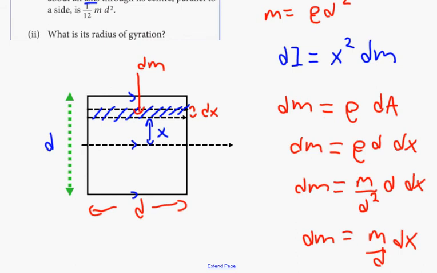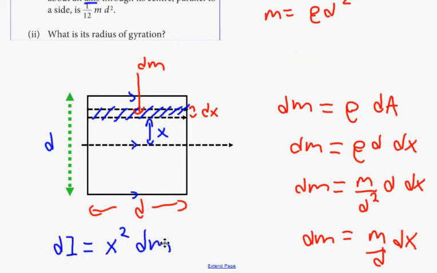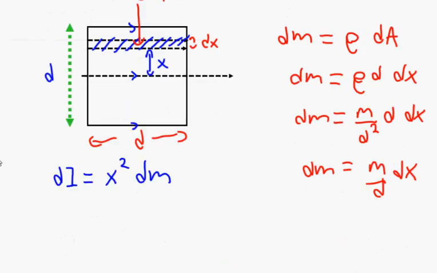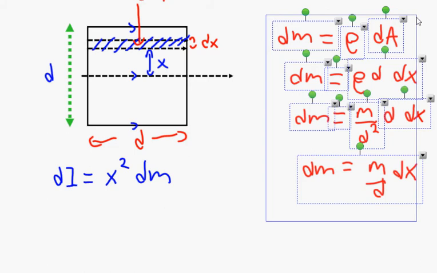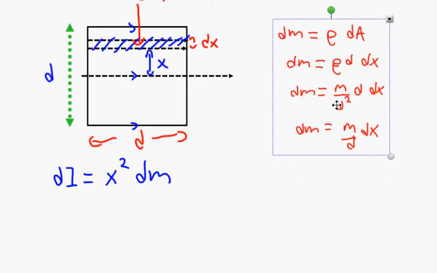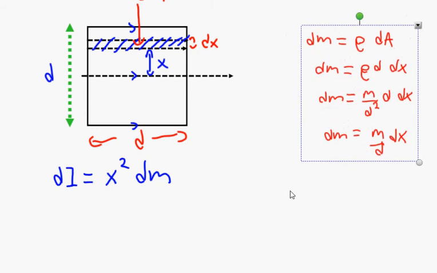Now go back to your initial formula, this one here. Let us copy and paste that down. x squared dm. I'll do this part in blue. What we have here is we're going to change dm.